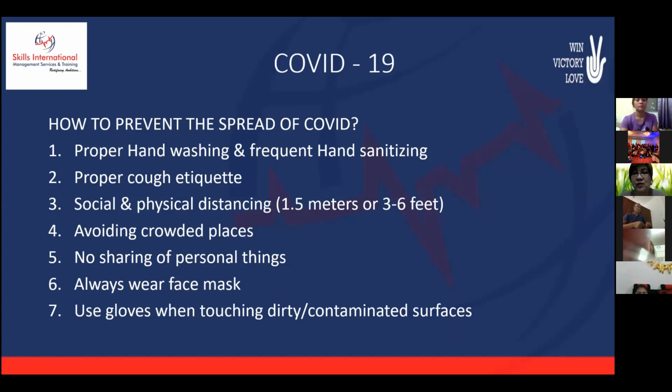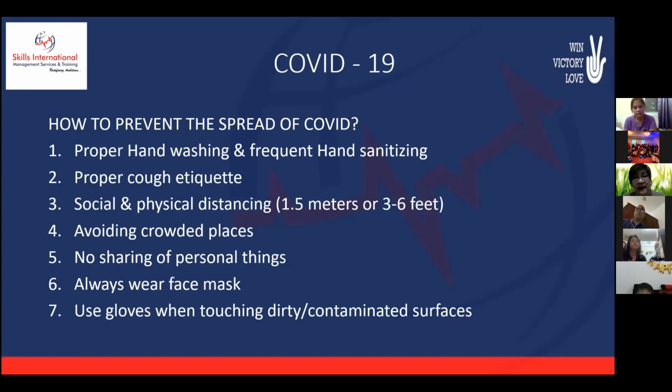So everybody knows how it spreads, right? So how we are using our preventive precautionary measures. So number 1, the first and foremost, proper hand washing and frequent hand sanitizing. Ito yung talagang advisable. COVID advisory from the CDC and WHO is proper hand washing and frequent hand sanitizing.